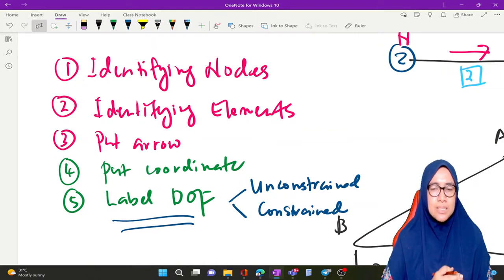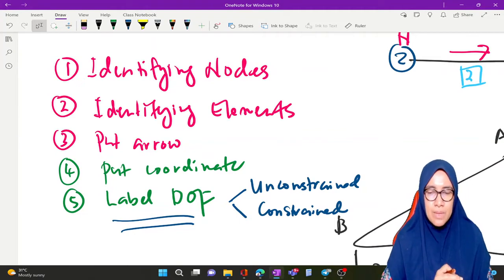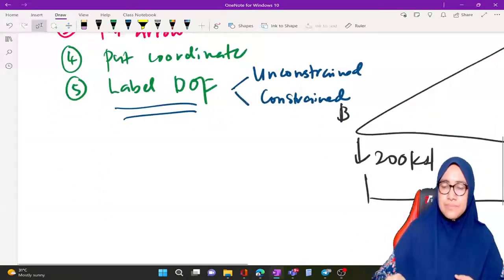So what's the difference? The difference is due to the degree of freedom. So what is actually degree of freedom?